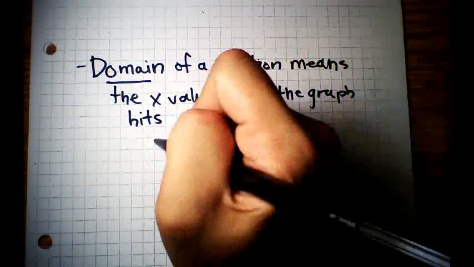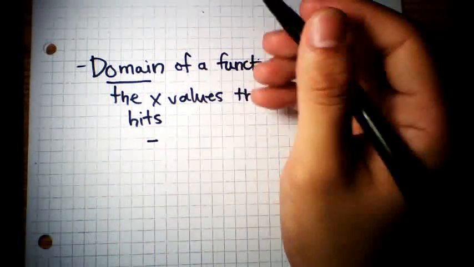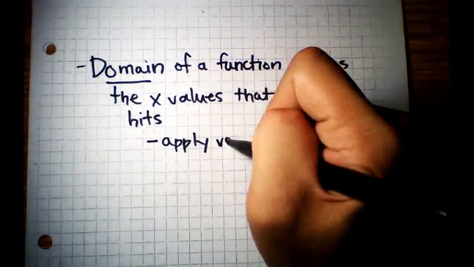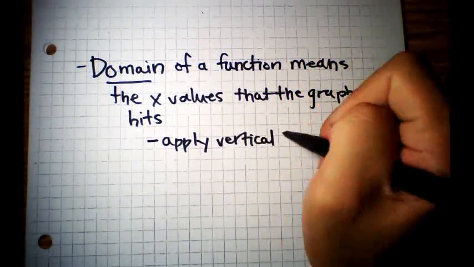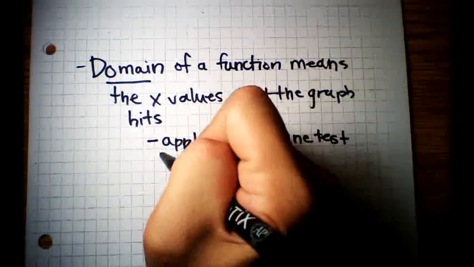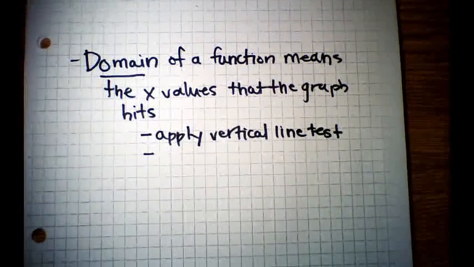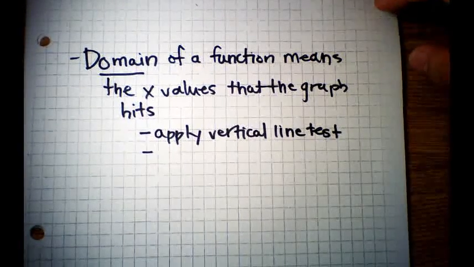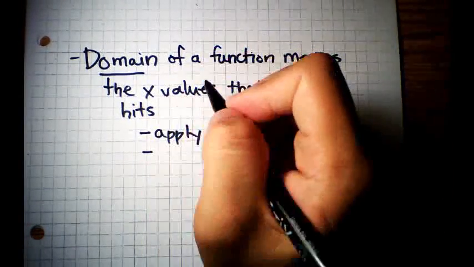So how are we going to find the domain of a graph? We are going to apply the vertical line test. Okay? And then when we do that, please use the x-axis as a guide and look up and down to see if it hits the graph.